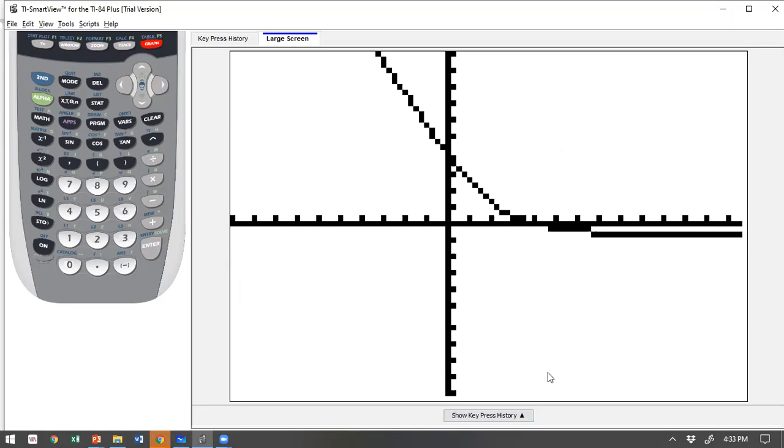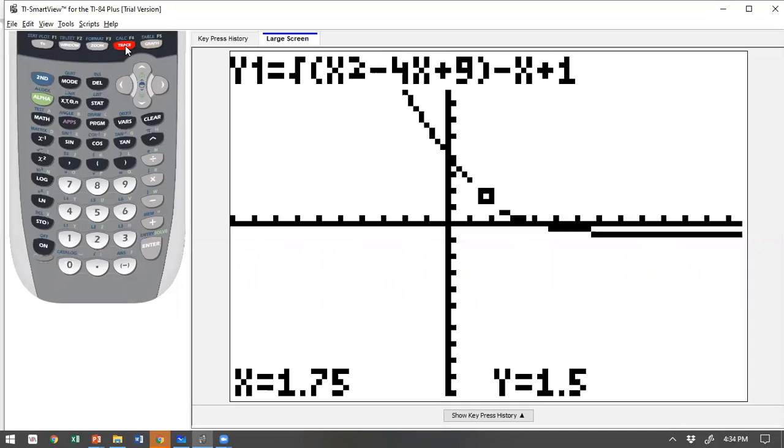So we want to find the x value where y is equal to 0. We're going to use the trace button and our arrow key. As soon as we see that y is equal to 0, we know that x is equal to 4. So our answer is x equal to 4.